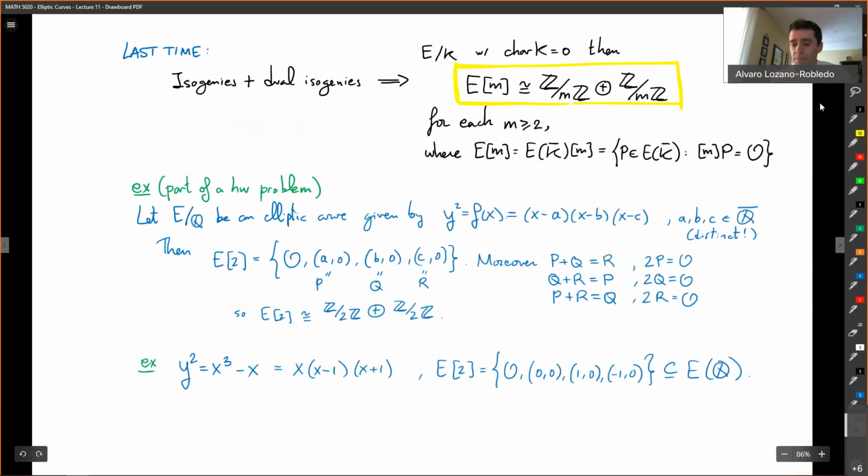we did last time. As a consequence of isogenies, in particular, the multiplication by m map is an isogeny.